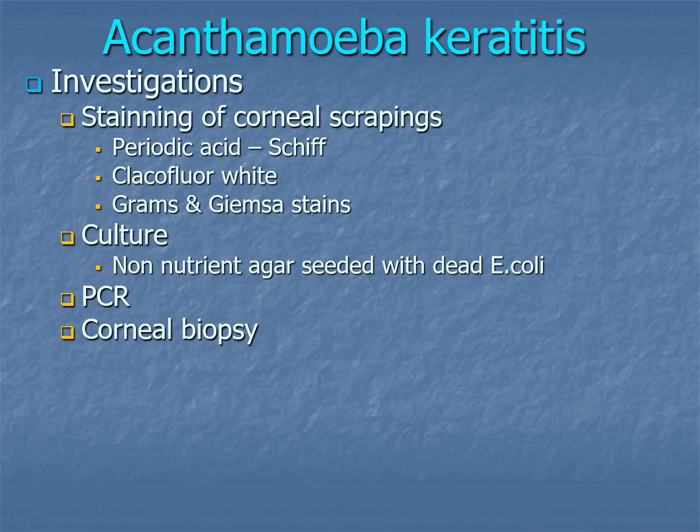And then we inoculate these scrapings on non-nutrient agar seeded with dead E. coli. Polymerase chain reaction may be helpful, and if the diagnosis is still doubtful, you can take a corneal biopsy and do histopathology.